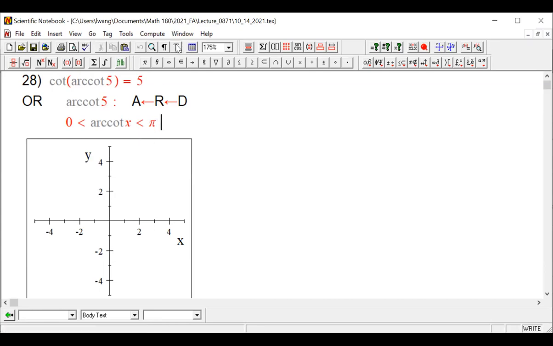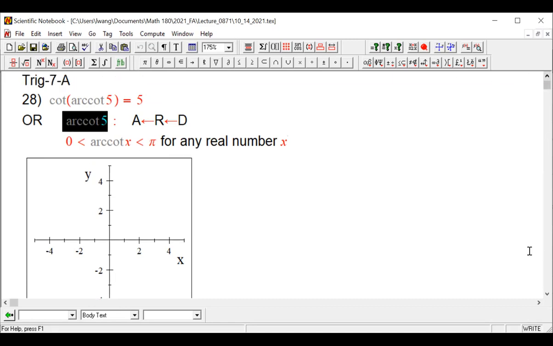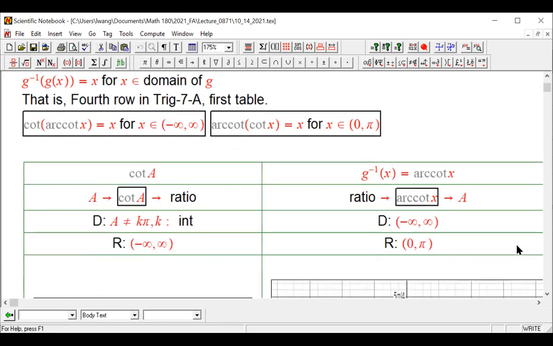No matter what, ArcCotangent is going to give you a value between 0 and pi. The range is 0 to pi. That's what it tells us. Do you guys see that?